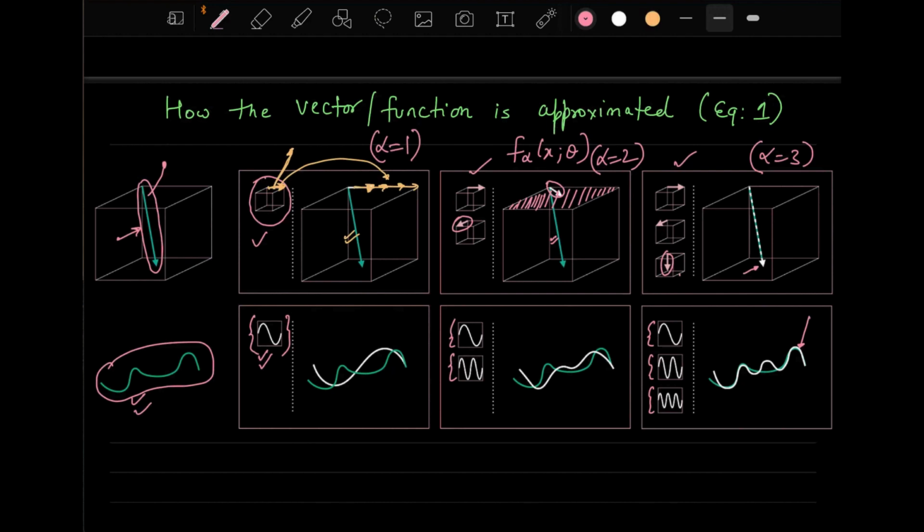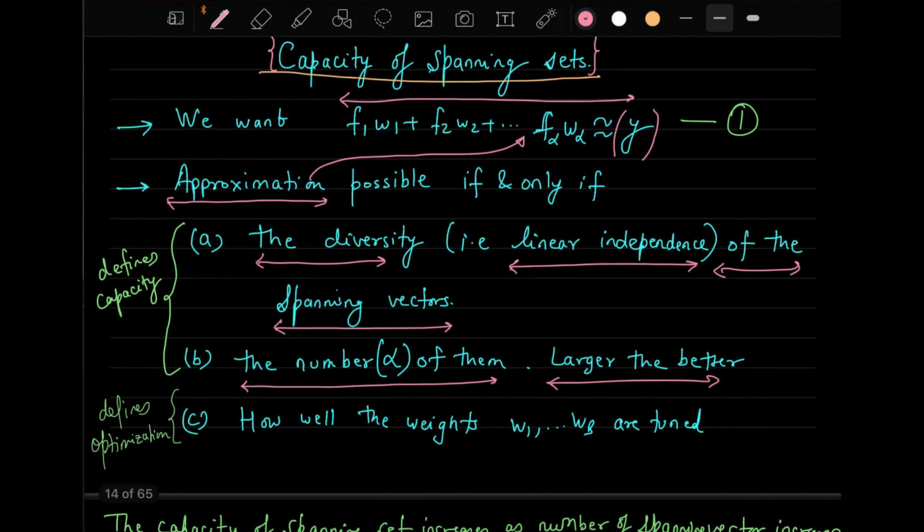That is the number alpha which I am mentioning. So these two things together define the capacity of the spanning set.